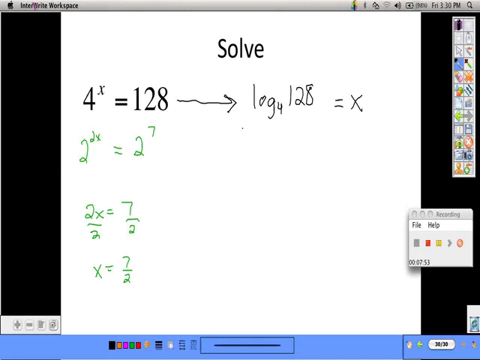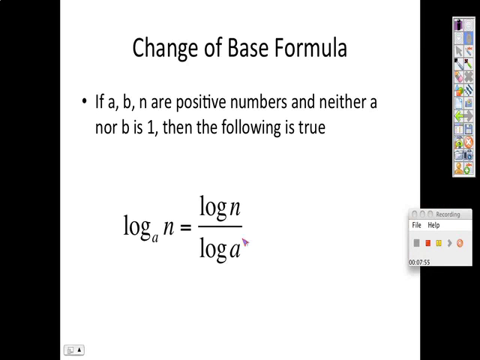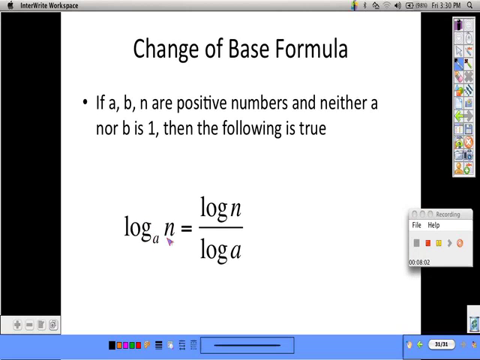But there is a way we can deal with that, and that's using this change of base formula. It says that if we have the log of some other base, we can take the common log of the big number divided by the common log of a. So in the previous problem, we had x equals log base 4 of 128.